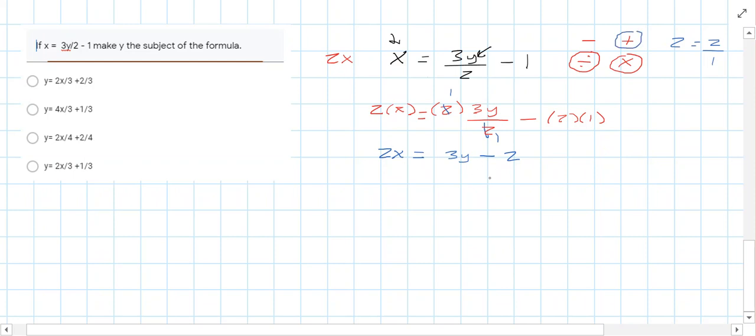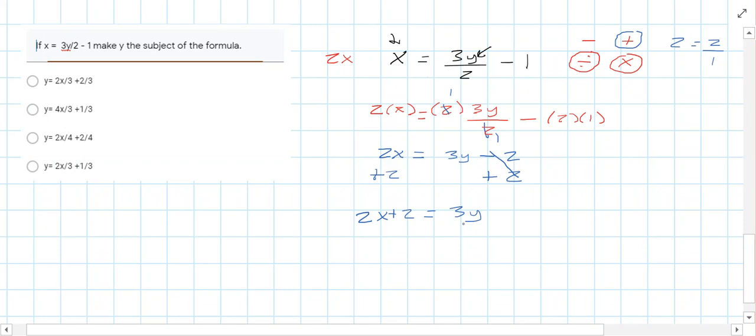So I'm going to have to add 2 on this side, and that will cancel out this 2 and get rid of it from around the y. But if I plus 2 on this side, I have to plus 2 on this side as well. So this will become 2x plus 2 is equal to, and then if we have minus 2 and we plus 2, they'll just cancel out. So it's going to be equal to 3y.